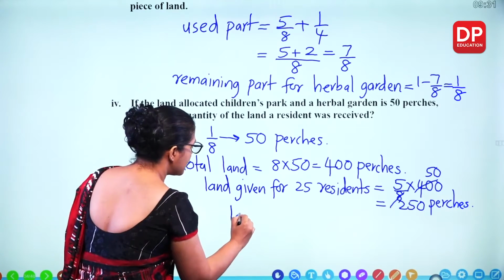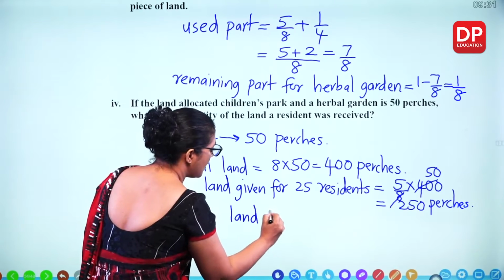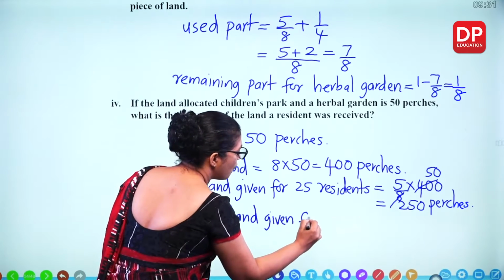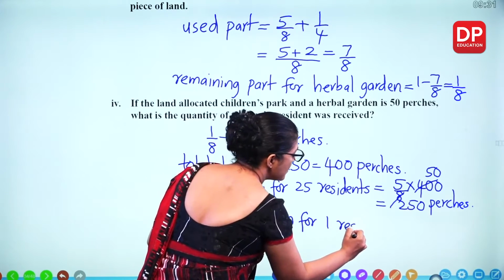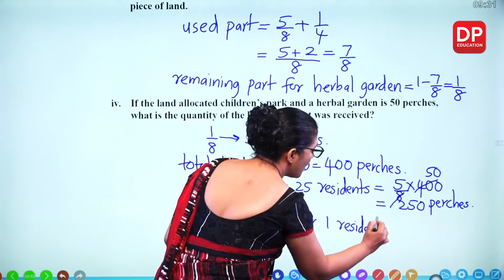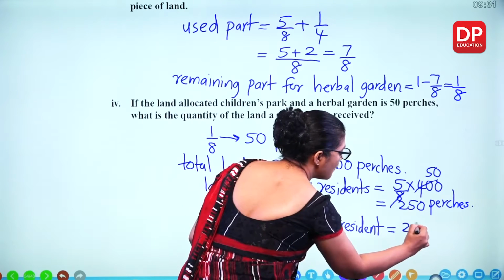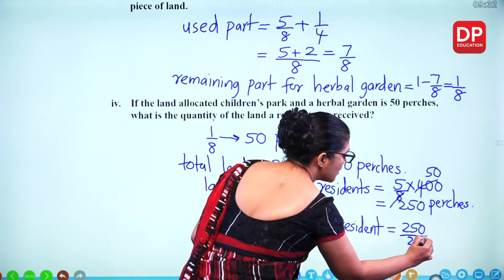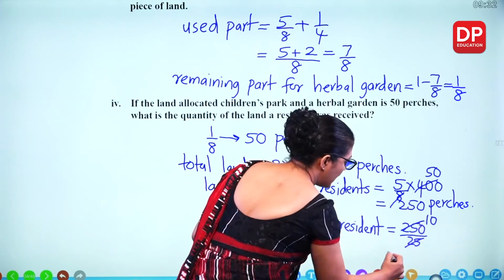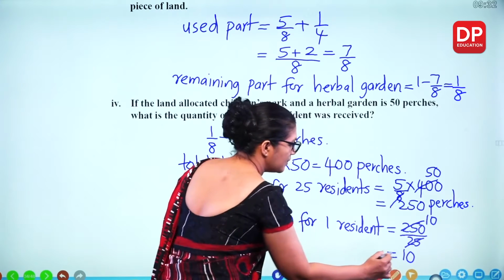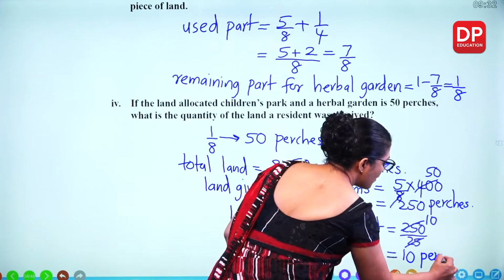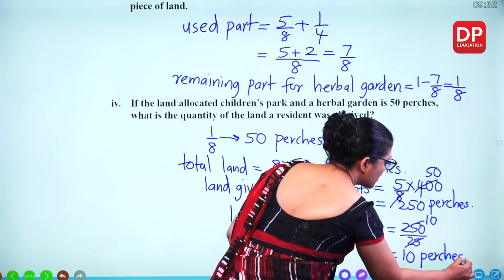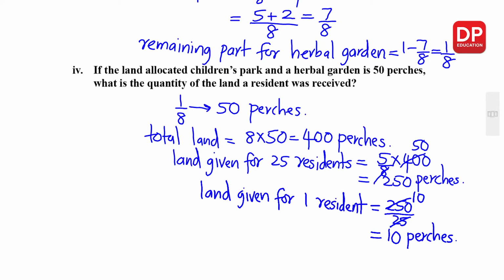So land given for one resident, you divide by 25. 250 divide by 25. 10 perch land. 10 perches given for each resident. So that's the final part of the first question.